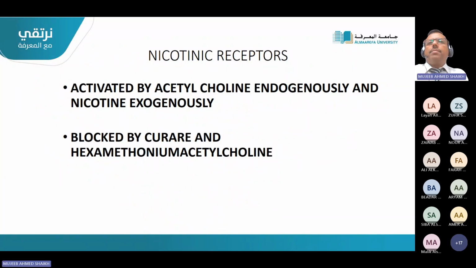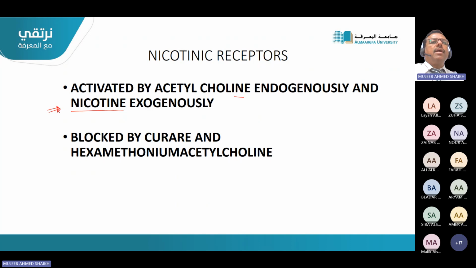So nicotinic receptors are activated when acetylcholine activates the nicotinic receptor. They are called cholinergic receptors, but there can be a nicotinic receptor or it can be a muscarinic receptor. Why is the name nicotinic receptor given? Because exogenously they can be stimulated by a substance called nicotine.